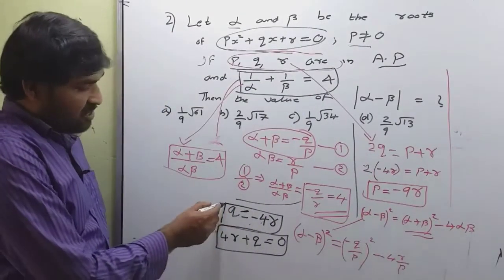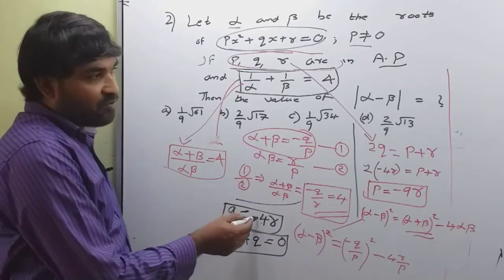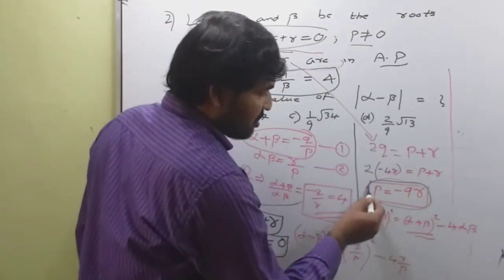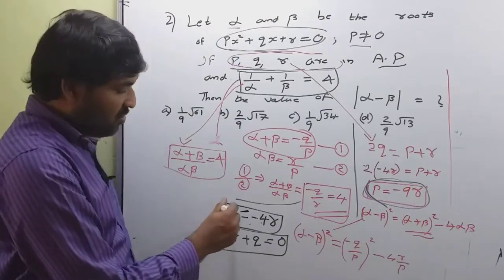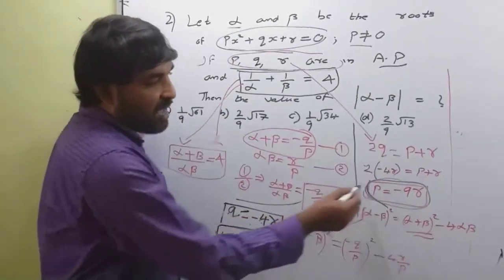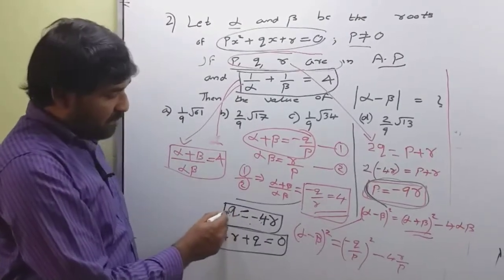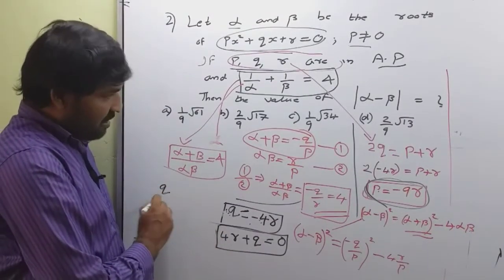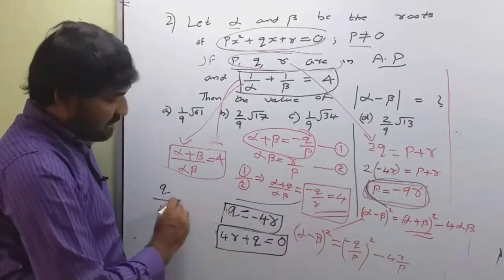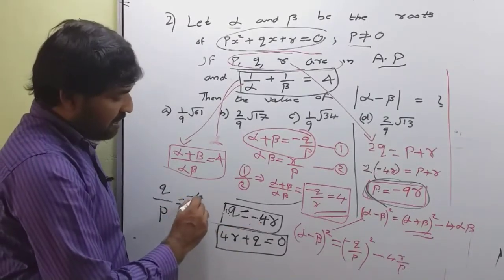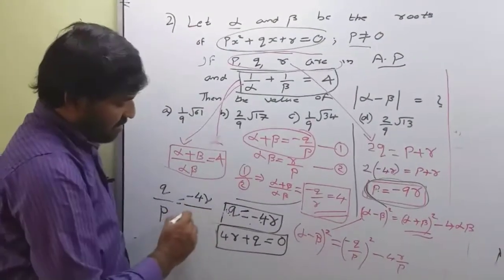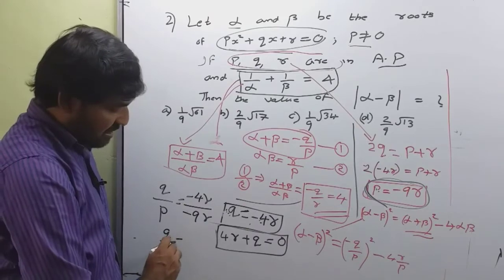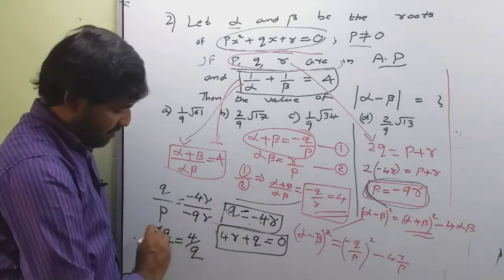Now consider these equations. Here we have q is equal to minus 4r and p is equal to minus 9r. So what is q by p? Dividing, we get q by p is equal to minus 4r divided by minus 9r, which implies q by p is equal to 4 by 9.